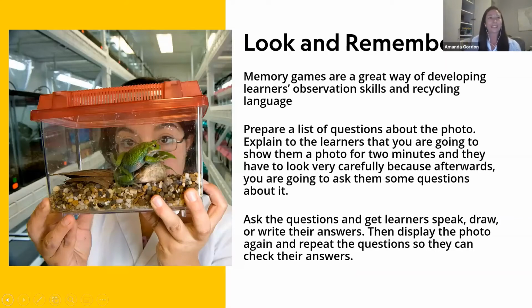So our first activity is called Look and Remember, and this is a memory game. So it's really good for introducing vocabulary, developing observation skills, or recycling vocabulary that they had learned in previous units. Basically, all you need to do is find a detailed photo that aligns with the subject or the vocabulary or language that you're teaching, and prepare a list of questions.